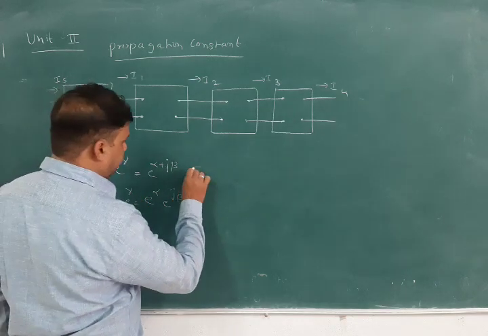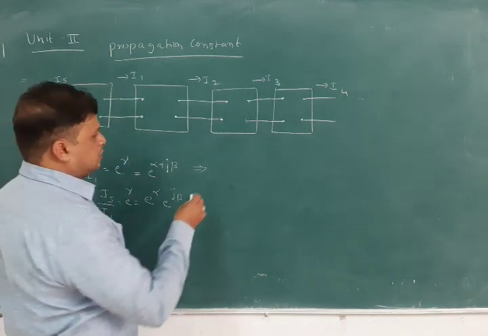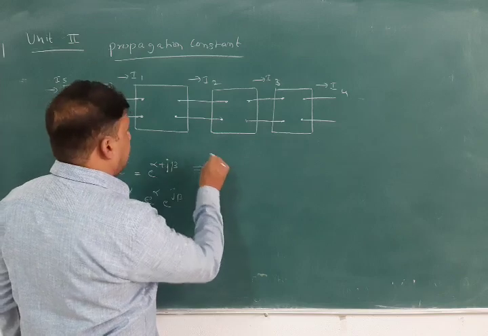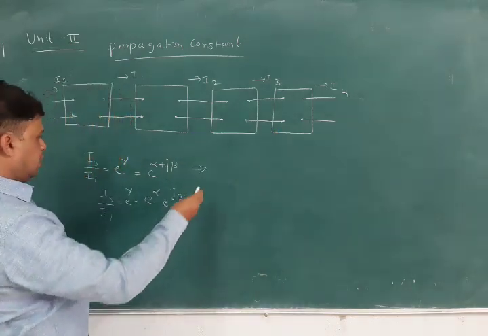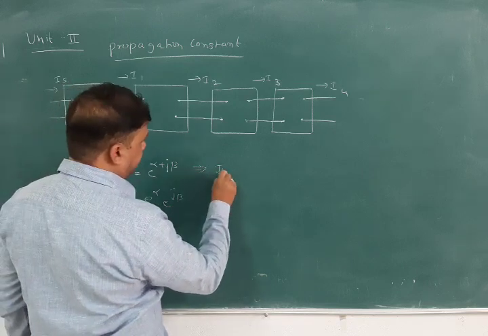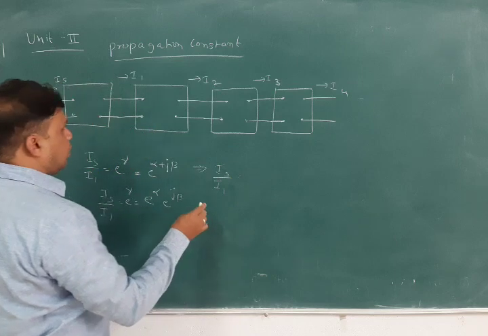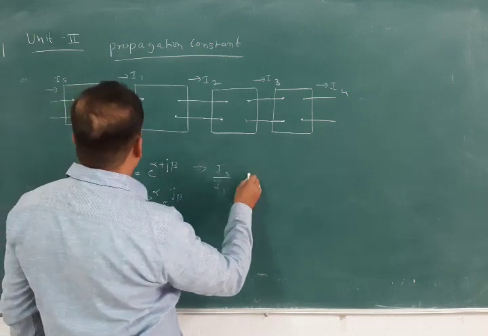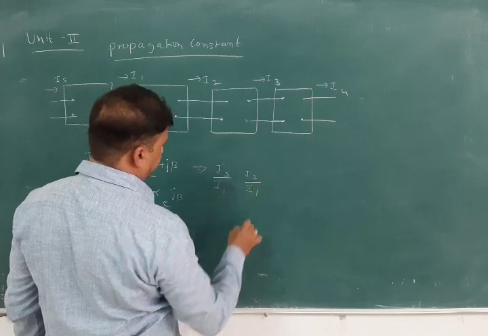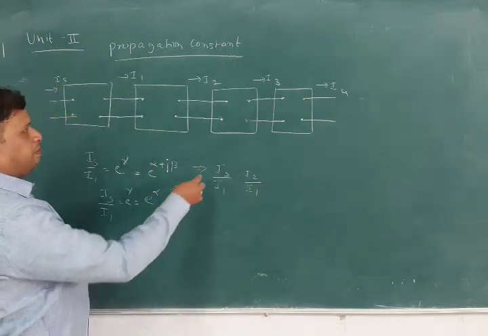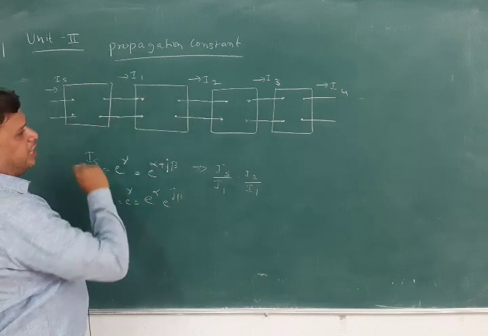Now we will see how to write this IS by I1 in terms of continuous propagation. So you are propagating through this network like this. We can write IS by I1 is equal to I2 by I1 also, because this is the receiving end and this is the sending end for the second network.